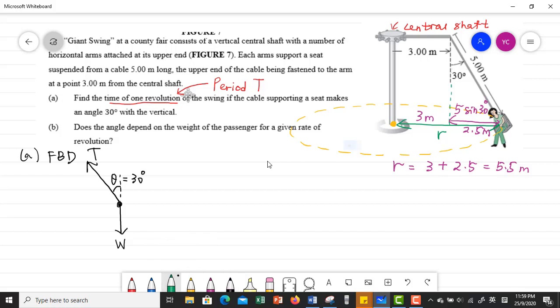So resolve the tension. I'm going to have T sine 30 and here will be T cos 30.